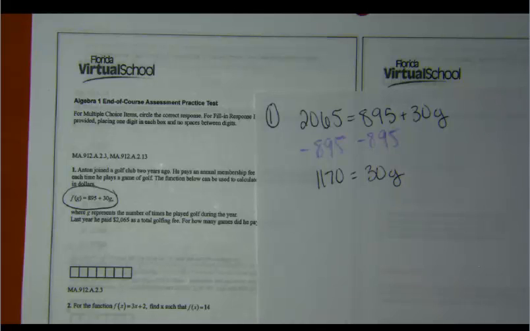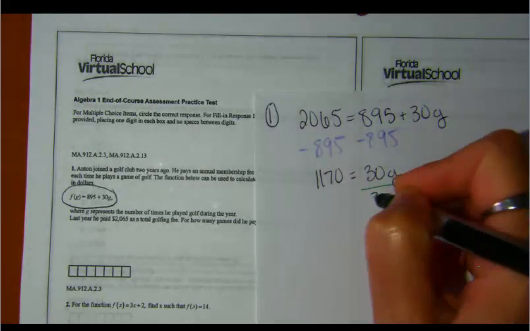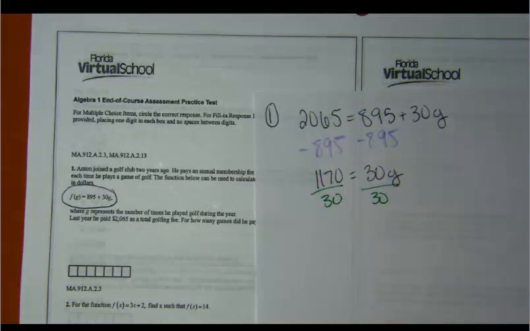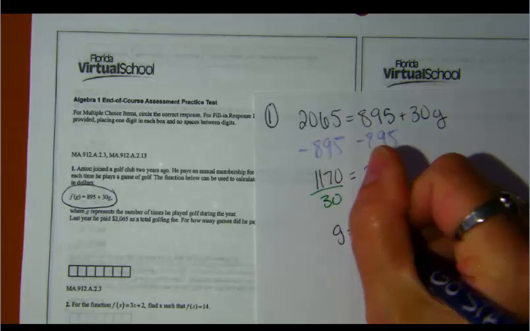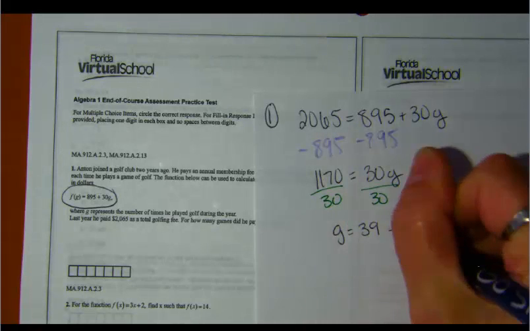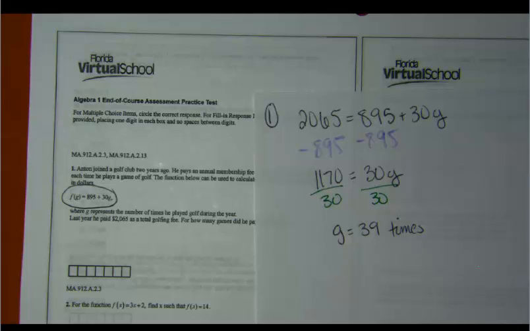And then from the 1170, we're going to divide by 30. So he played golf 39 times last year.